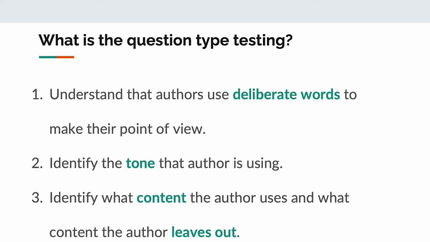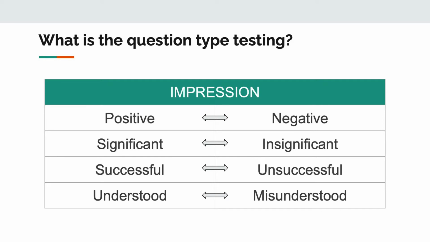Often students fall into the category of saying, this is a positive impression about this event, or the author is negative in their point of view of this event or person. I would ask my students to try to go beyond just that basic positive or negative. Think about if the author is trying to say this event is insignificant.